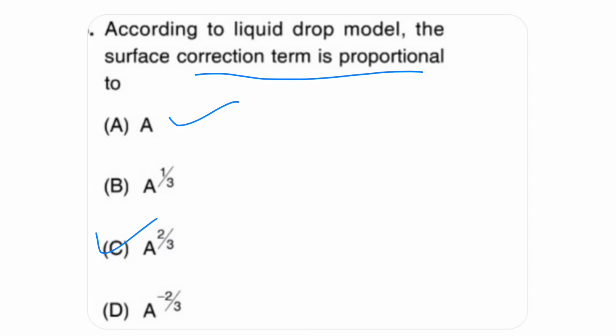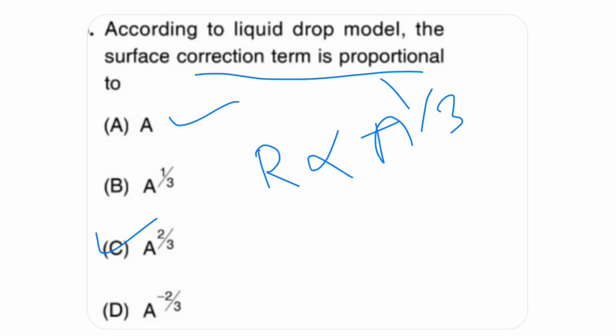So in the liquid drop model, a nucleus behaves like a tiny droplet of a liquid. Surface term deals with nucleons on the surface that are not fully bound. So we count how many nucleons lie on the surface. So radius is directly proportional to the mass number raised to 1 by 3.